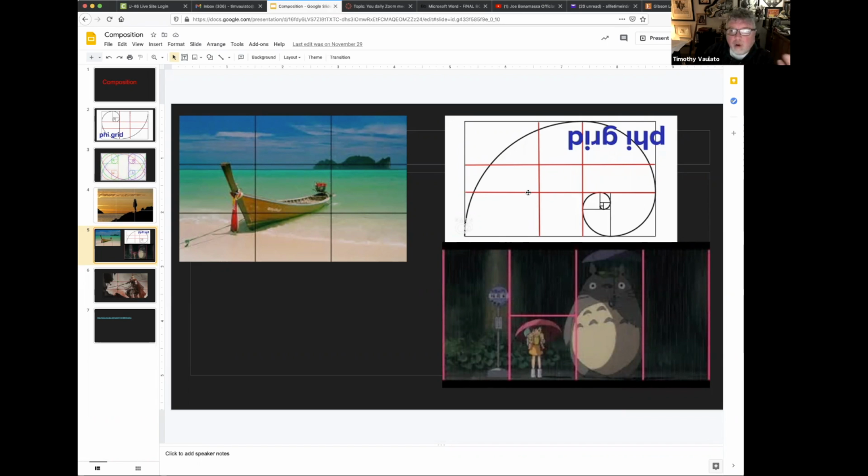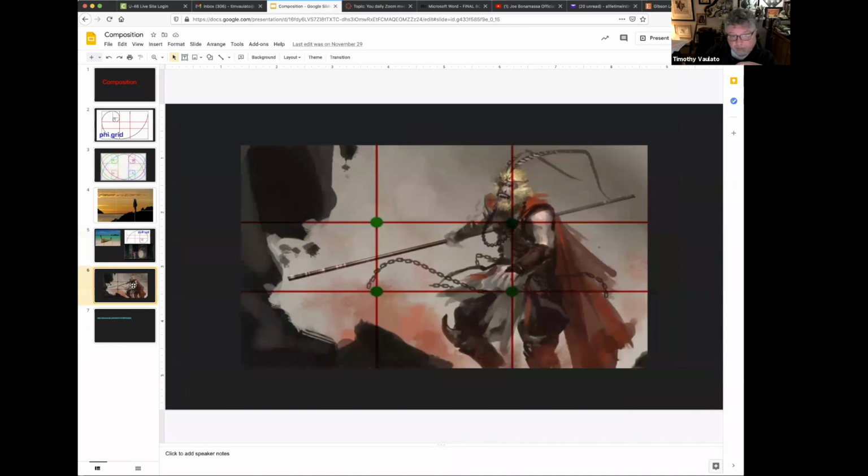So you want to leave one open for breathing, for negative space, so you have something to move through. In this case, this is a wonderful one of the Monkey King, because the Monkey King's taking up this spot, and then his bow staff and his chains play around this spot. So your eye is actually drawn by the line of the bow staff and by the flow of the chains.